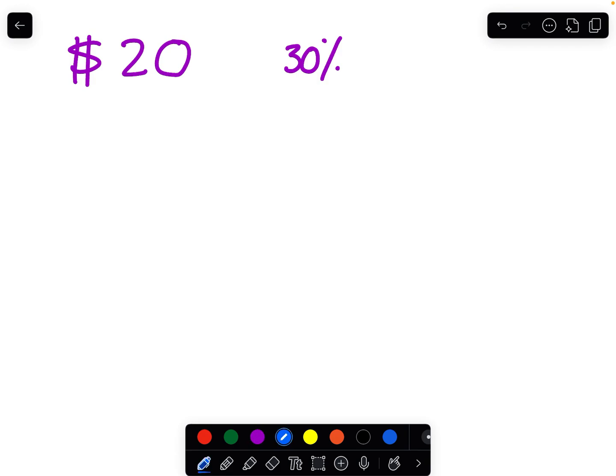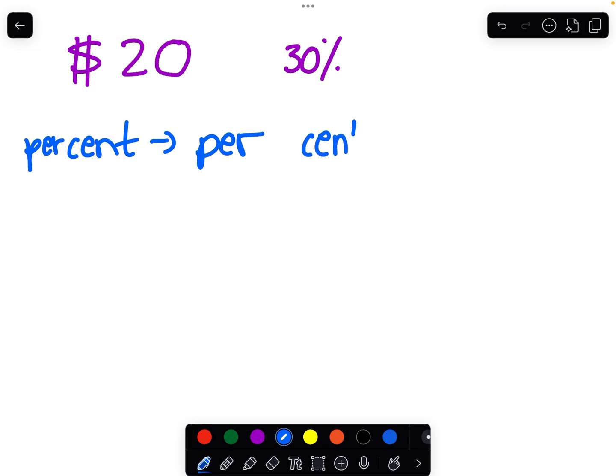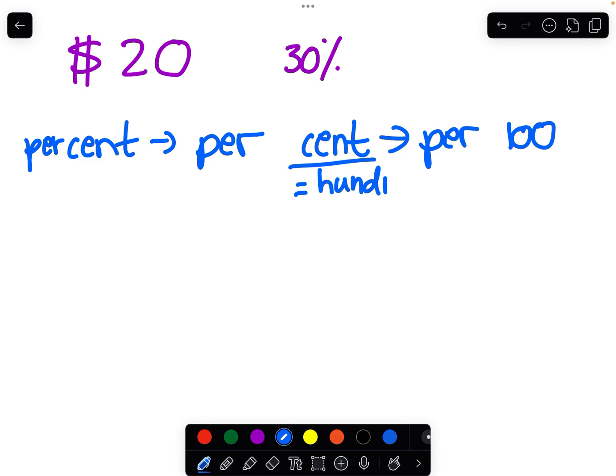So remember, and this is something I always want you to remember, percent means per cent, per 100, because cent is another way of saying 100, and you know what per means.